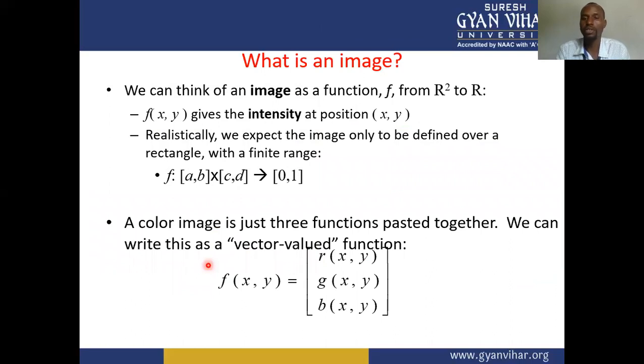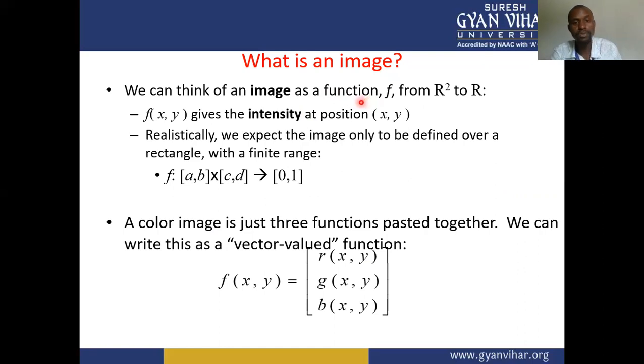Now, having described what a digital image is, it is also necessary that we describe this image in the form of an equation. We can think of an image as a function f. So what is a function in programming? A function is any operation that can be manipulated using arguments. So by using that function and supplying some arguments, you can get a different result.